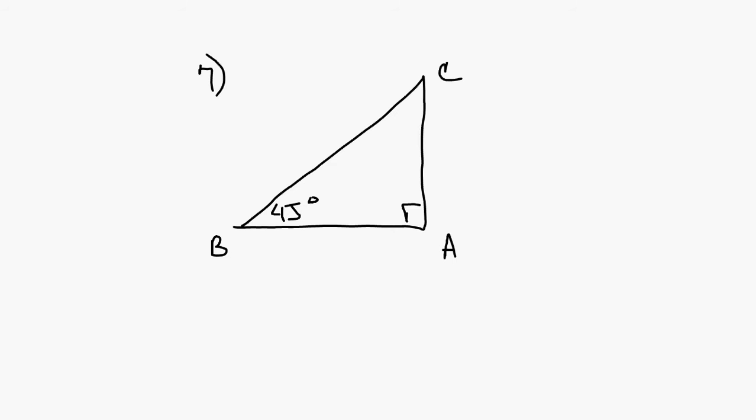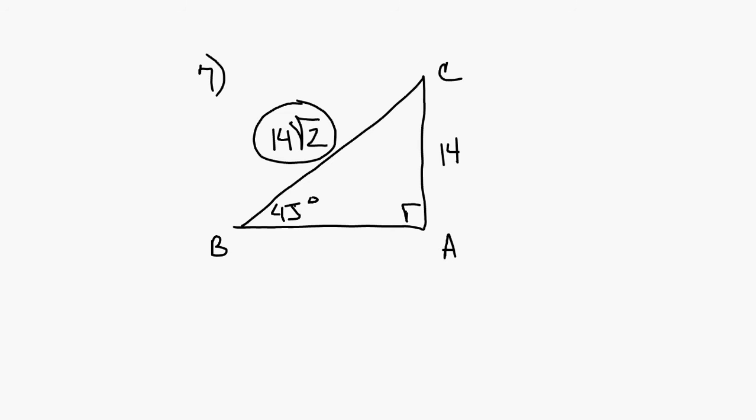Find BC. They're telling you that AC is 14. If your answer is not an integer, leave it in simplest radical form. So the rule in your notes is that on a 45-45-90 triangle, if you're given a leg and you need the hypotenuse, you multiply by the square root of 2. So BC is going to be 14 radical 2. That's your answer in radical form.